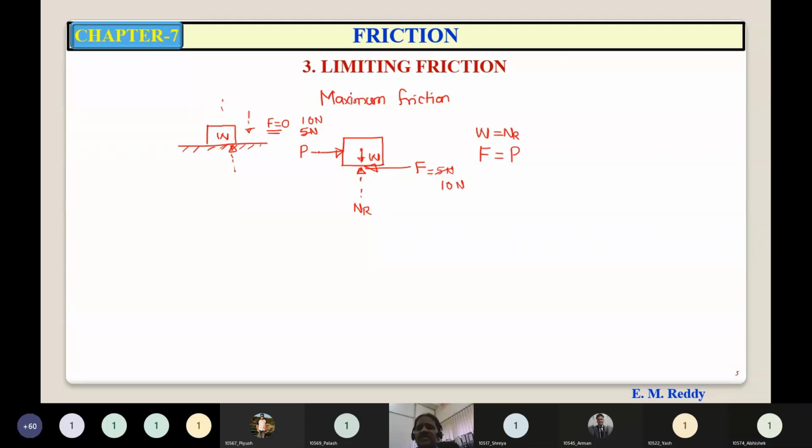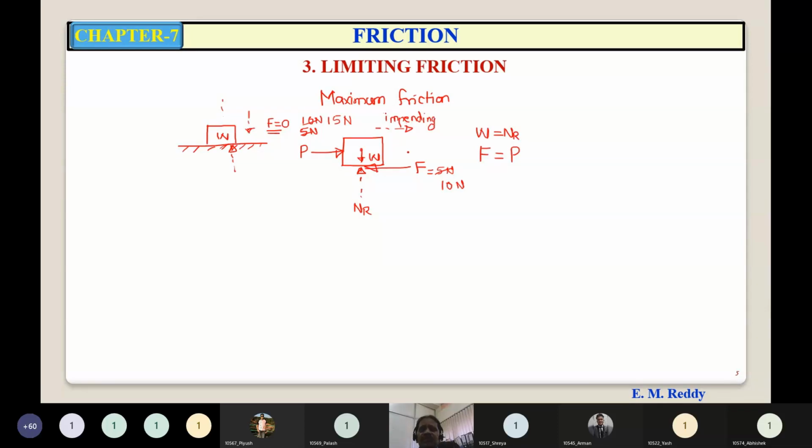So as you increase the applied force, the magnitude of the friction force is also increasing, but there is a limit. Suppose when you increase the applied force up to 15 Newton, the body is in impending motion. That means the body is on the verge of motion, about to move.